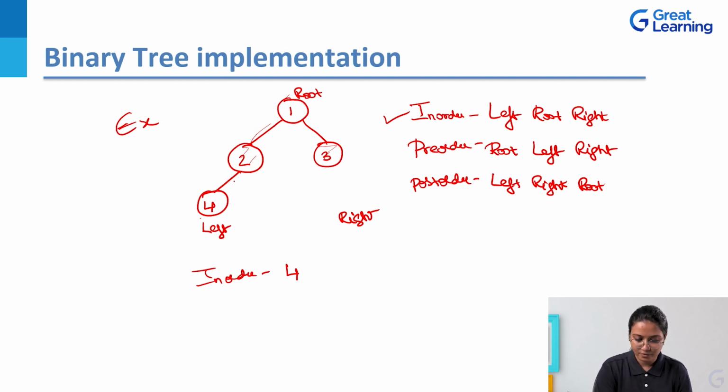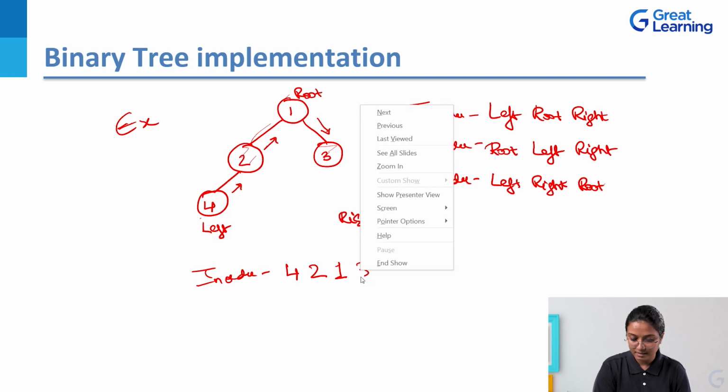Then after 4, what do you have? In this direction, you have 2. You have to first complete the left side part, then you have to go to the root. And next, on the way, what do you find? You find root. So what is the number in the root? It is 1. And then after coming back towards the right side, what is the number we have?